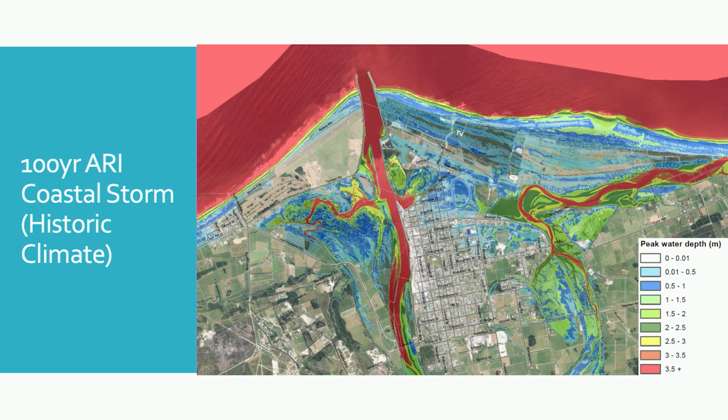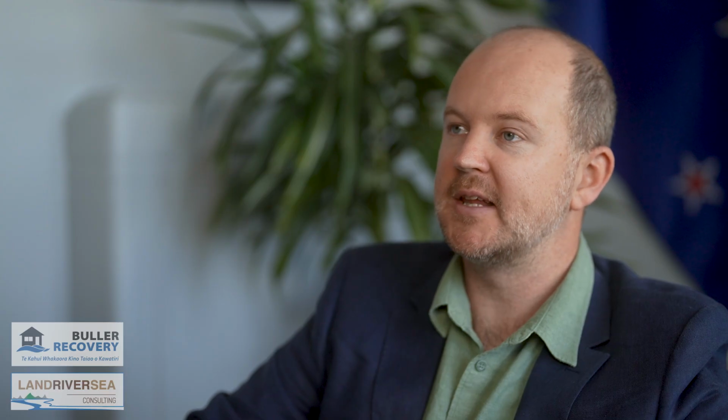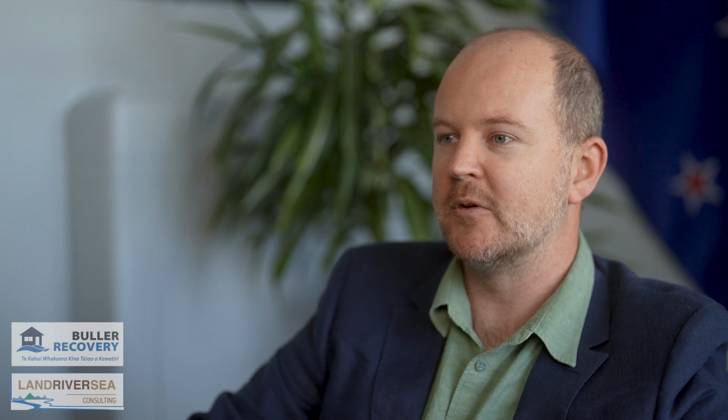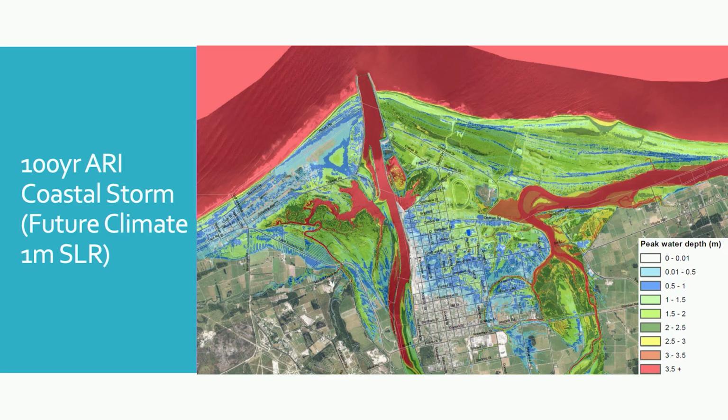So this map shows you the likely flood extent and depth from a 100-year average return interval coastal storm for the current sea levels. And we've actually run the model multiple times with different sea level intervals of 20 centimetres or 0.2 metres, but this map here, which I'm showing you, is the potential flood extent for exactly the same storm, but with the sea level raised by 1 metre.